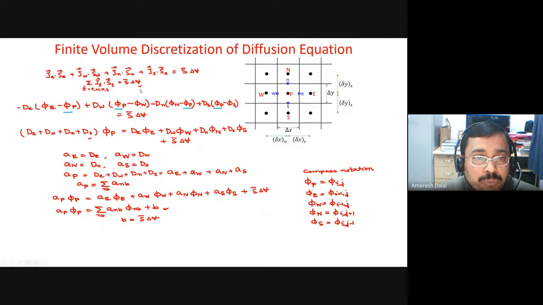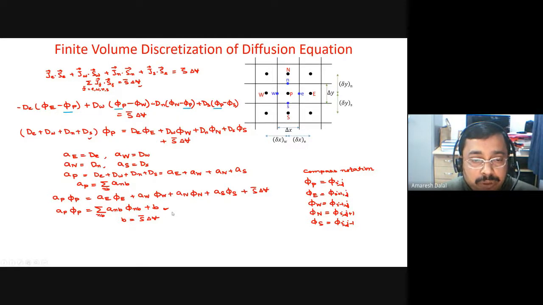Now if you put all these terms into this equation, we finally get this equation, where DE plus DW plus DN plus DS we write as the coefficient of phi P, which will represent as AP, so it is AP phi P. On the right hand side, we can write the summation over all the neighbors, A nb phi nb, where A nb are the coefficients, and the source term S bar delta V we are representing as B.